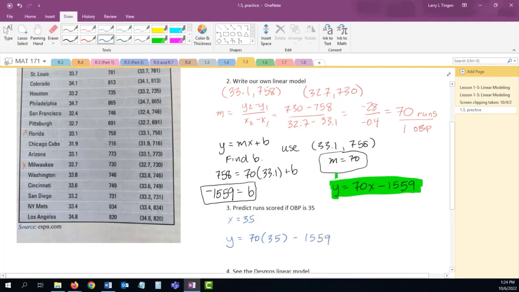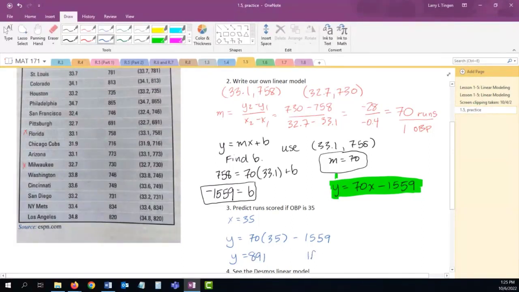We don't have any values in the table all the way up to 35. I think we have 34.8. So we are expecting a number in or around the numbers in the table. 70 times 35 minus 1,559 is 891.